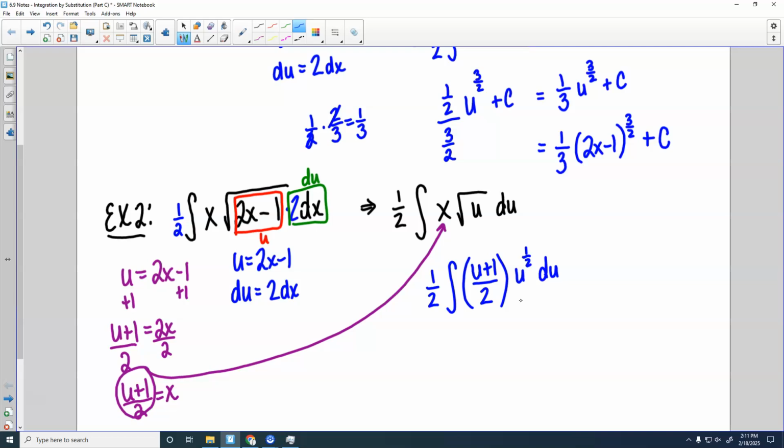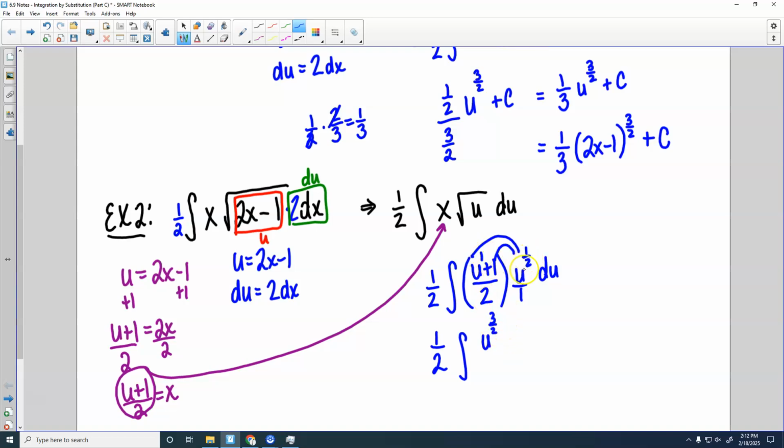Okay, we okay here? All right, so we still don't know how to integrate that because we got two things that are multiplied together. But what we can do is put this over 1, and we could distribute that u to the 1/2. So we will have 1/2 integral of u to the 3/2 because we'll add our exponents.